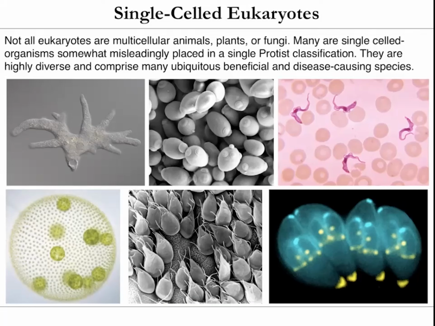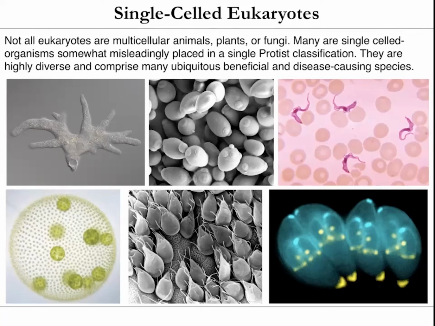These single-celled organisms are placed in a really nebulous classification called Protista or Protozoa, or protists. That's a catch-all term for single-celled eukaryotes. They're not bacteria, they're not archaea, and they're not multicellular, so they're protists or protozoa.